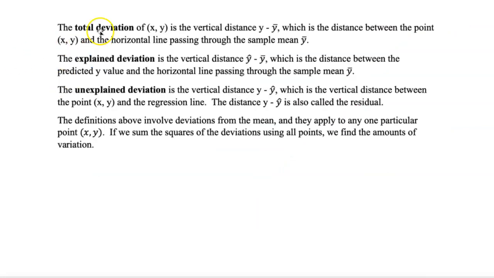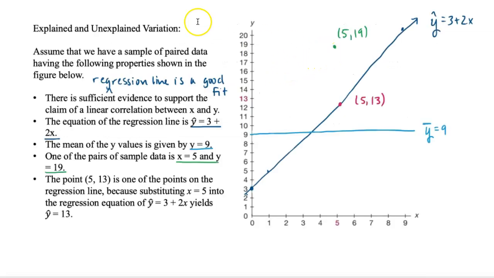We're given that the total deviation is the vertical distance, y minus y bar, which is the distance between the point and the horizontal line passing through the sample mean. So my total variation is the distance from this point to y bar. I can find that by subtracting y bar from y, because this is just my point.